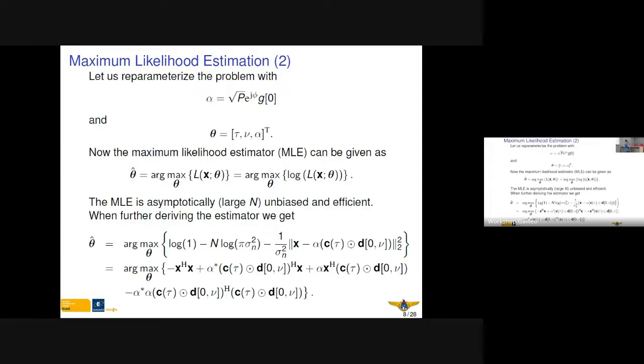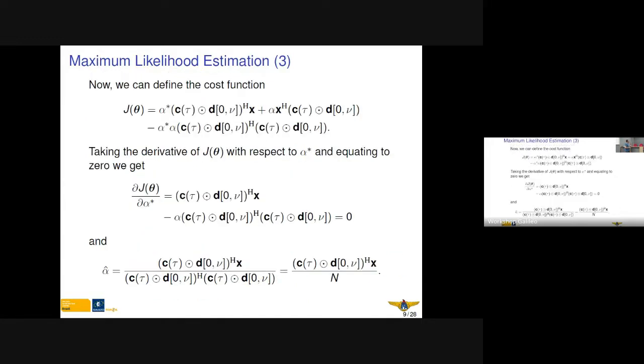So now we see that several terms do not depend on theta. The first term especially does not depend on theta, so we can also remove that. And we get to the cost function J of theta, which is then just the remaining 3 terms.